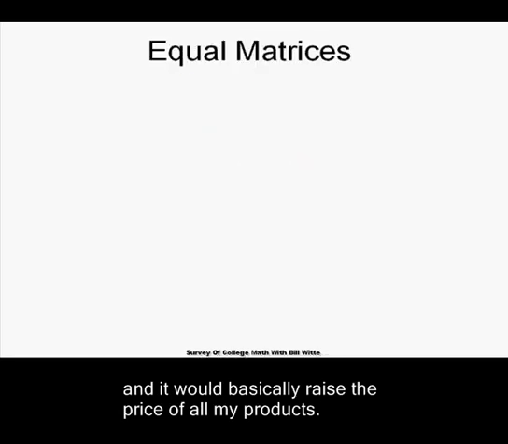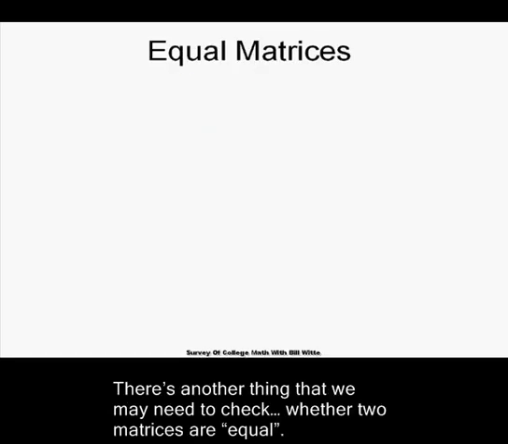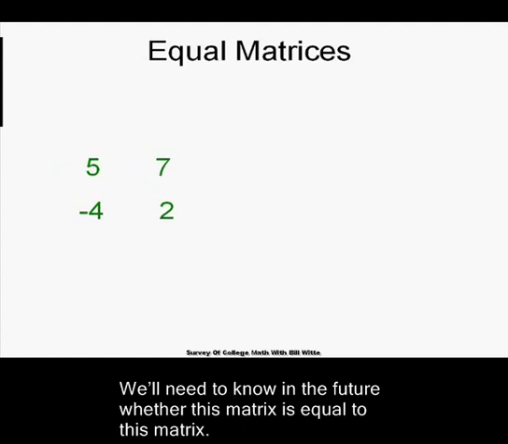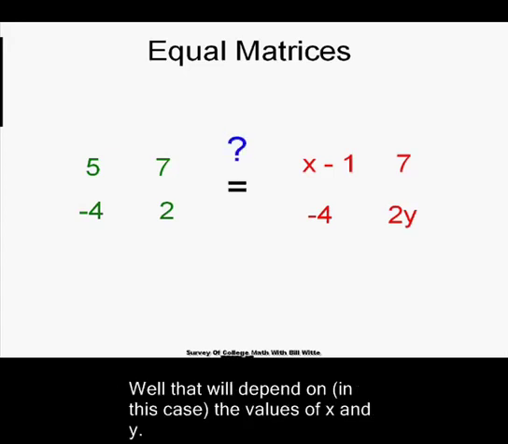There's another thing we're going to have to check sometimes, whether two matrices are equal. We need to know in the future whether this matrix is equal to this matrix. Well, that's going to depend on the values of x and y.